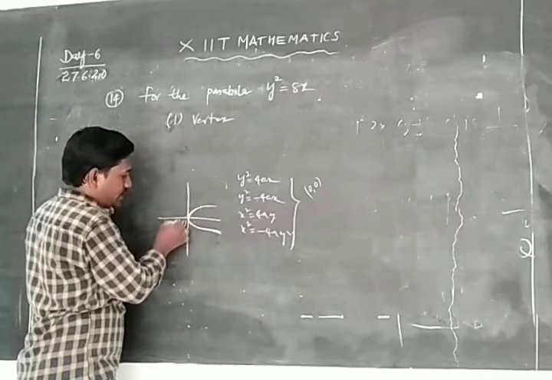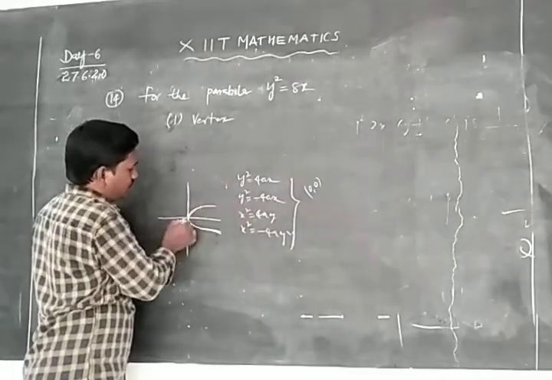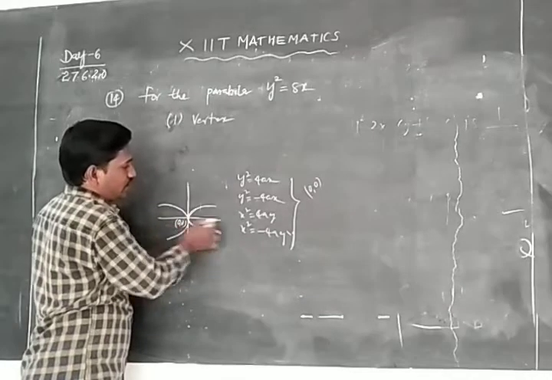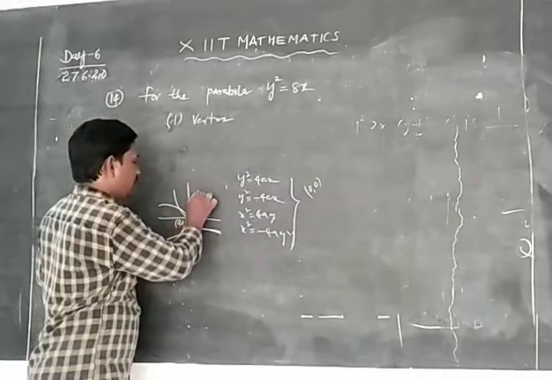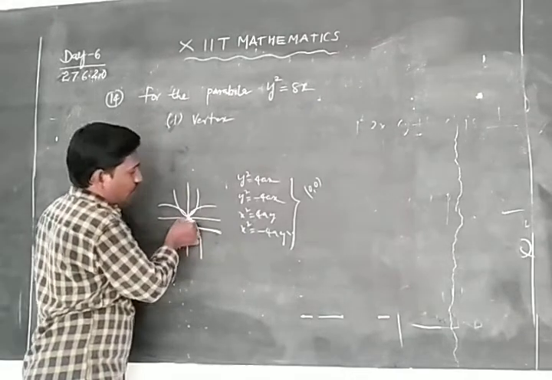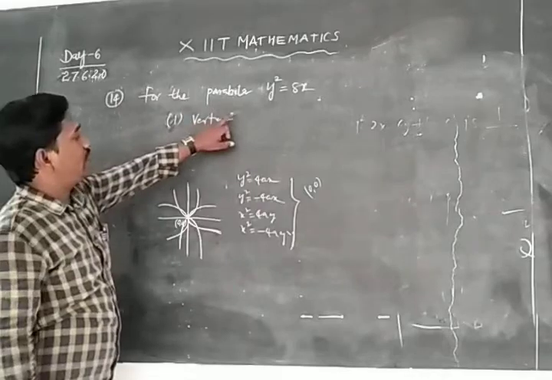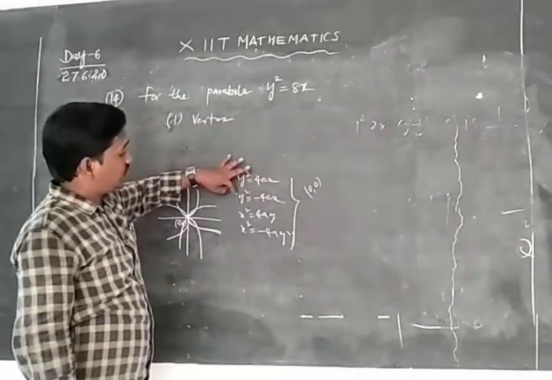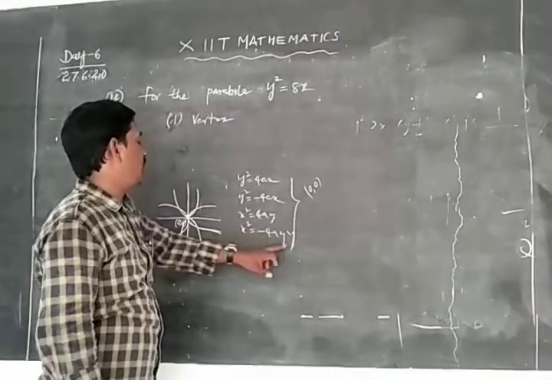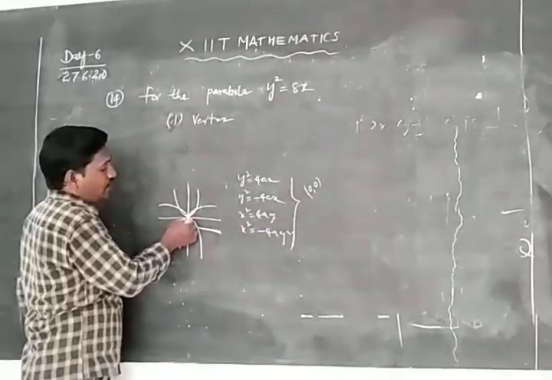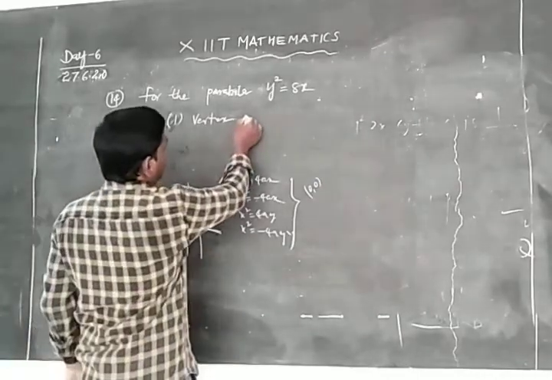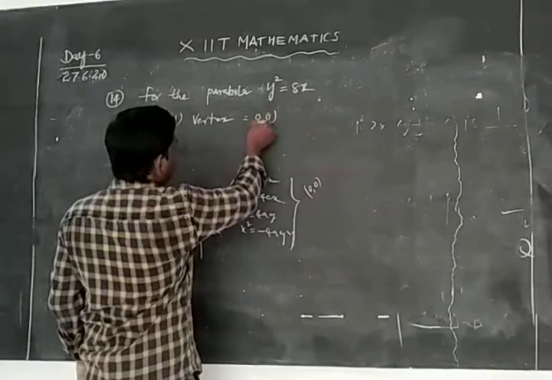It is also 0, 0. The vertex of any parabola like y square is equal to 4ax, y square is equal to minus 4ax, x square is equal to 4ay, and x square is equal to minus 4ay is 0, 0. So the vertex equals 0, 0.